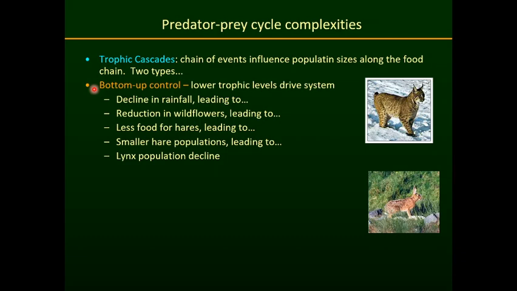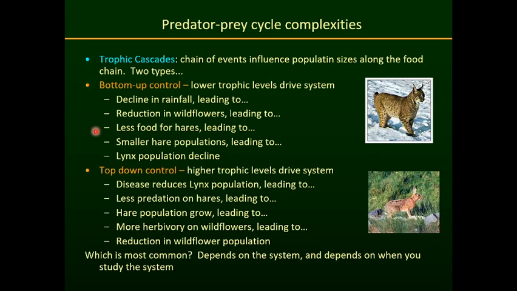Now, as you might be anticipating, the other type of trophic cascade is a top-down control. Here's an example of how top-down control could work. Let's say something knocks back the lynx population. Maybe it was fur trapping back in the 1800s, or maybe it's a disease, maybe feline immunodeficiency syndrome, which is basically feline AIDS, rips through the population and decimates it.